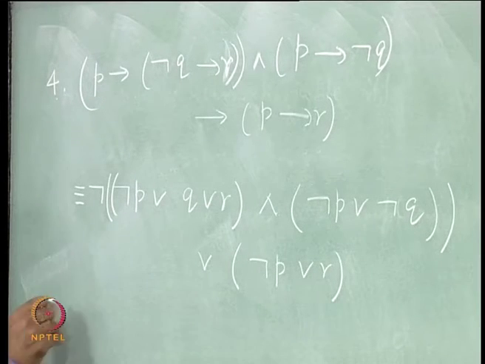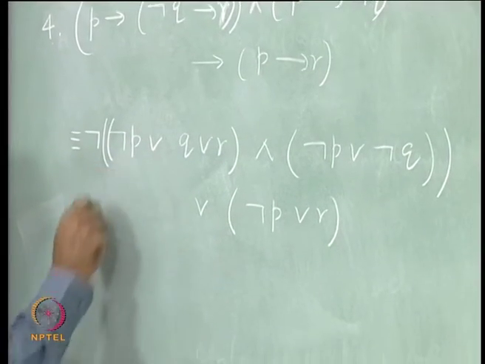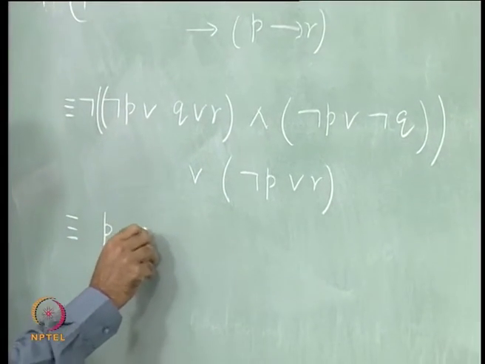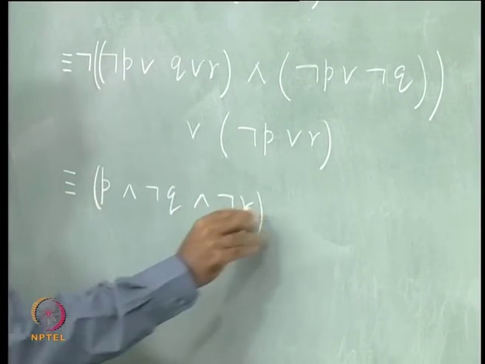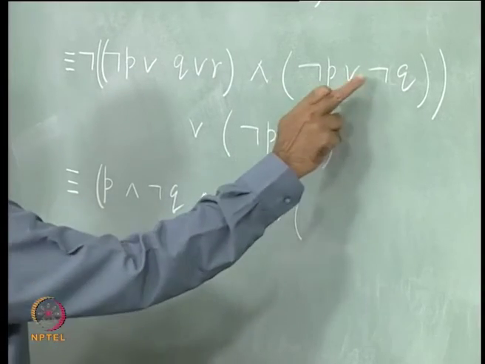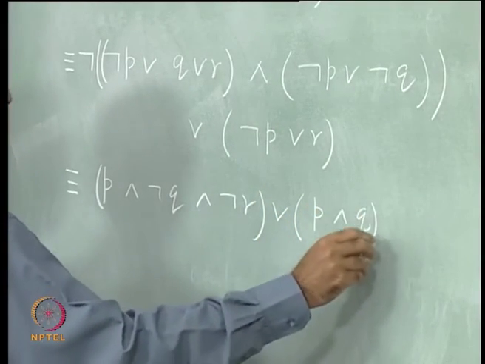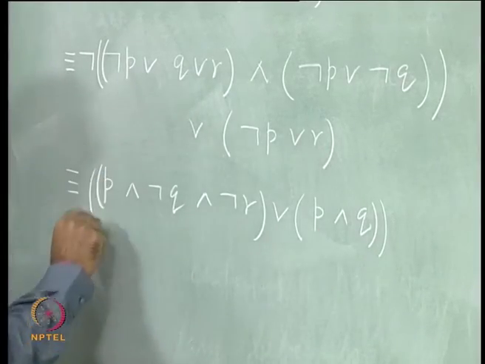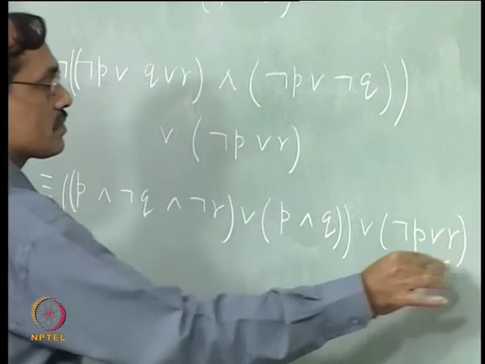Okay. So next I take not inside. So that gives P and not Q and not R, or again here P and Q or not P or R.